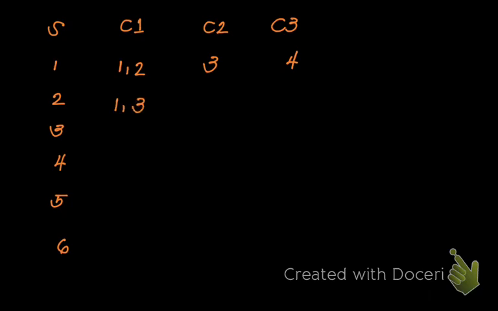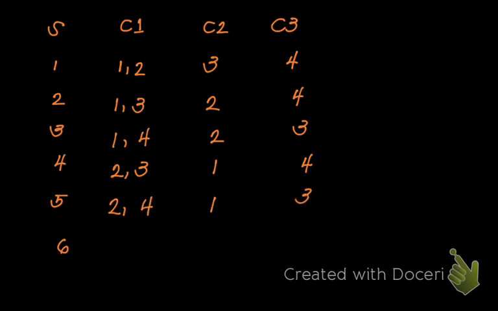Then we have 1, 3, 2, 4. And we also have 2, 3. 4 is solo, 2 and 4 are together, and we have 1 and 3 solo, and then we have 3 and 4, and 1 and 2 are together.